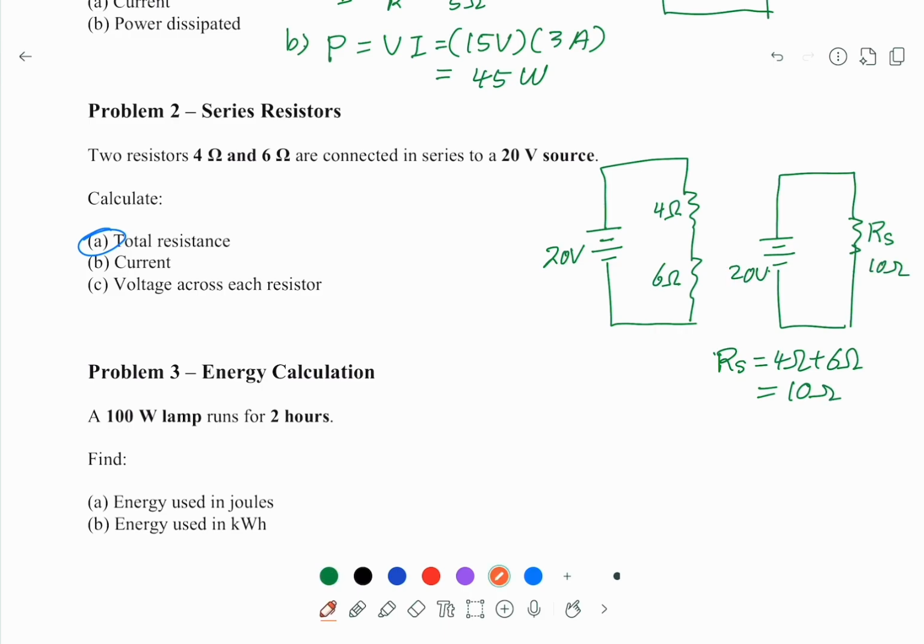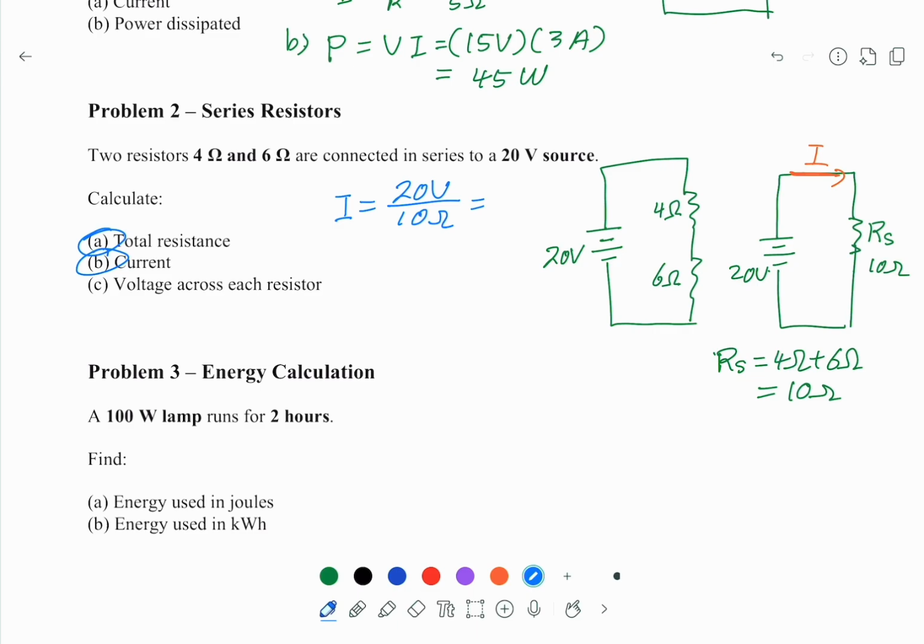Now the current here, I. We ask what is the current passing through this simple circuit, and this current I is equal to V over R, 20 volt over R, and the R is the equivalent resistance or the total resistance. This is 10 ohm.